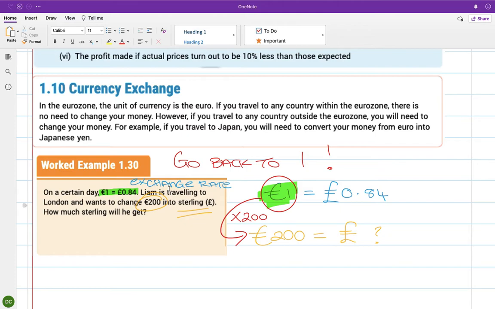If that's what I have to do on the left, then I have to apply that on the right. So I'm going to take my 0.84, multiply by 200. I'm just doing this in my calculator. So now that is no longer a question mark. The answer is £168.